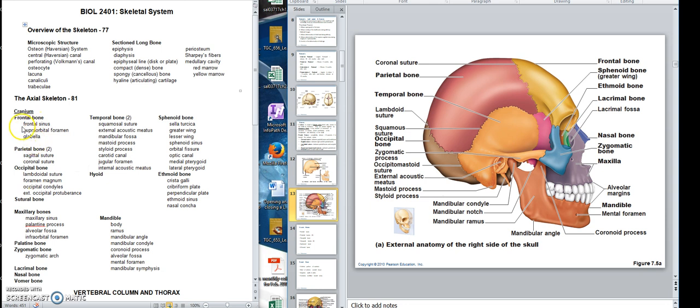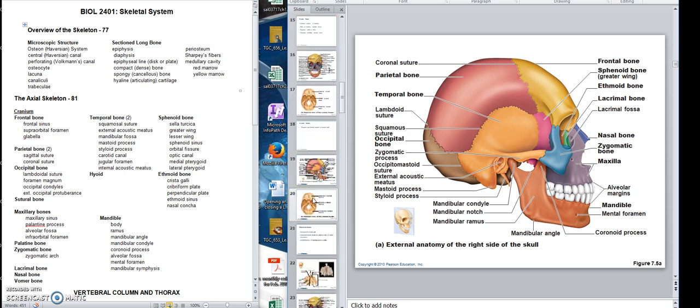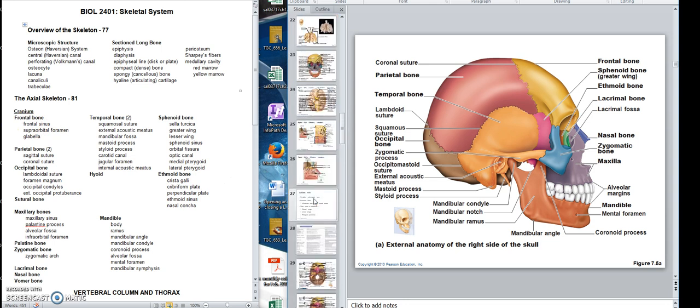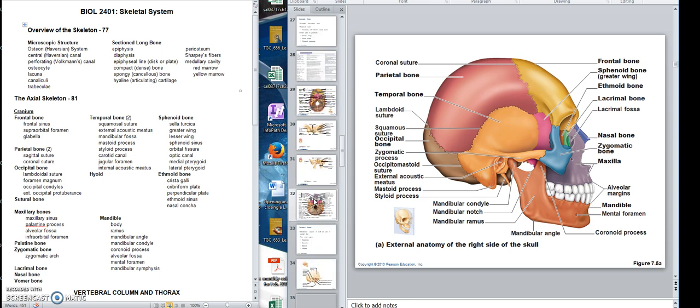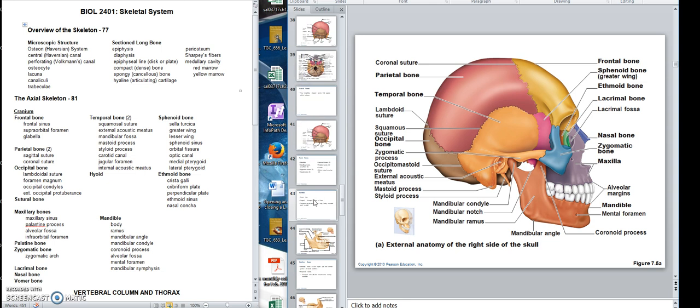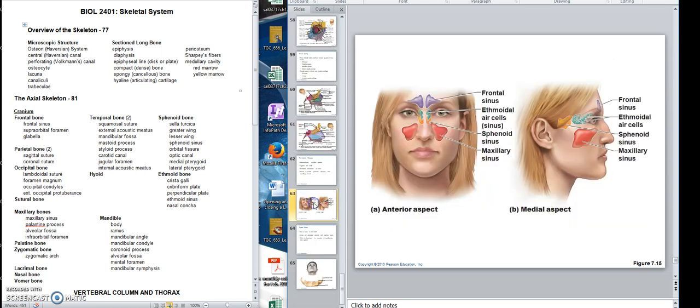We have some hollow spaces in the skull that we call the sinuses. They're characteristically called the paranasal sinuses. Let me see if I can find those real quick here. The paranasal sinuses would be these here.